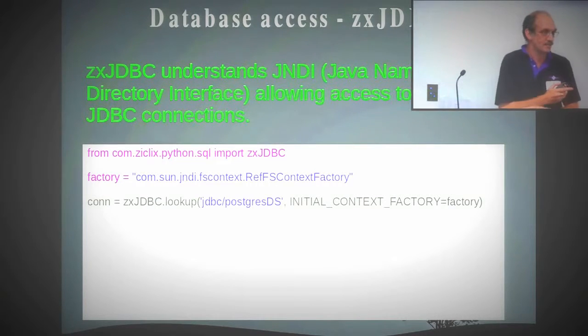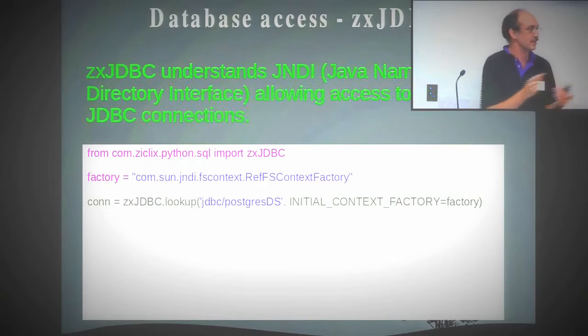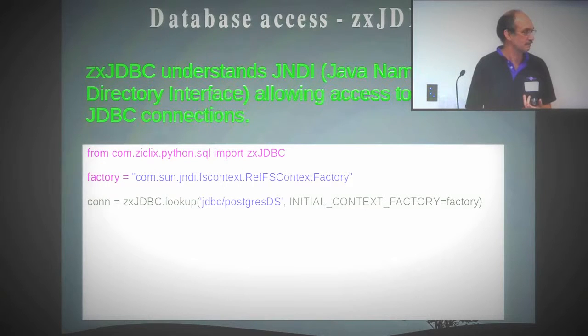That's the mechanism Java provides where, especially when you're running in a Java server container or in an Enterprise Java Bean environment, you can pool your JDBC connections. That allows you in your Jython code to pull a connection out of the connection pool and take advantage of some of the things that the Java world has done to make those types of things quite efficient.